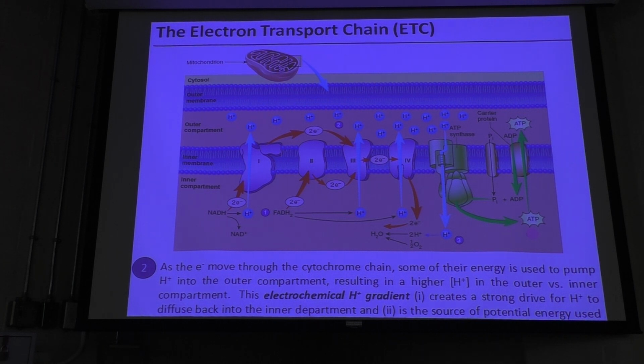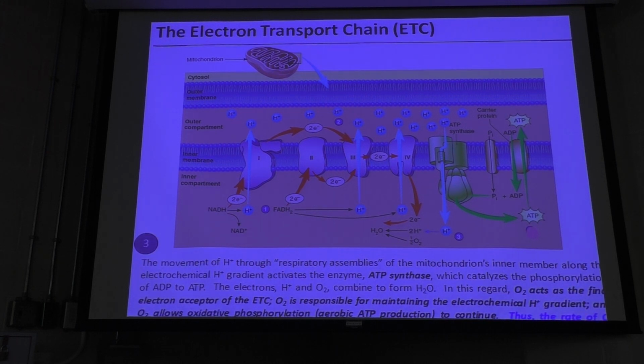And so ultimately you get a higher concentration of hydrogen ions in the outer compartment than in the inner compartment. And this creates this electrochemical gradient, which creates a strong drive for hydrogen ions to diffuse back into the inner compartment, and is the potential source of energy used to rephosphorylate ADP and produce ATP at the level of this final assembly here.